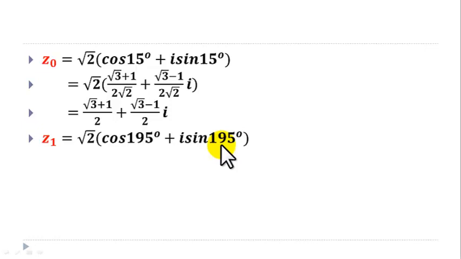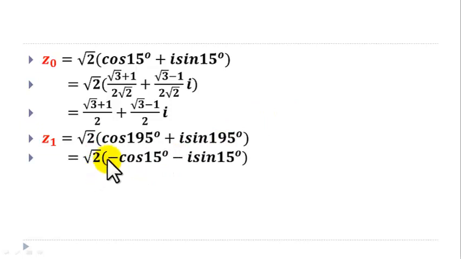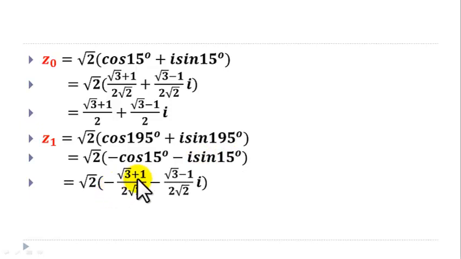So z1 is equal to root 2 into minus cos 15 degrees minus I sin 15 degrees, and this is equal to root 2 into minus root 3 plus 1 all over 2 root 2 minus root 3 minus 1 all over 2 root 2 times I.